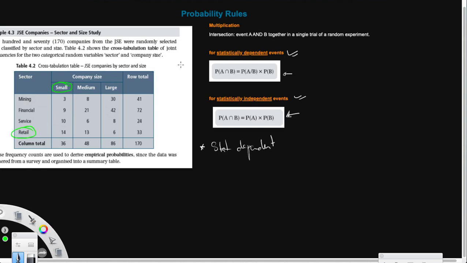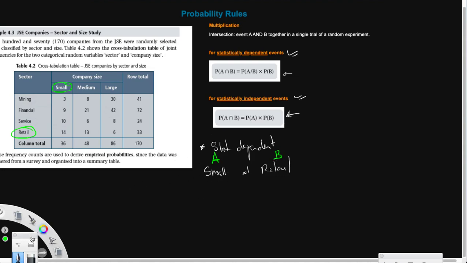This is statistically dependent, which means that the two events depend on one another, they are affected. We are going to see later on after this video how to actually test for dependence. So we've said small and retail: A for small, B for retail.